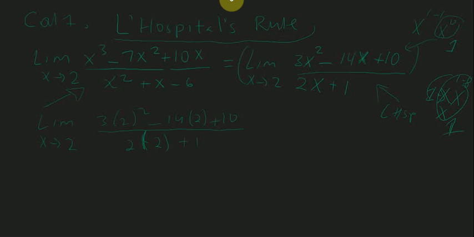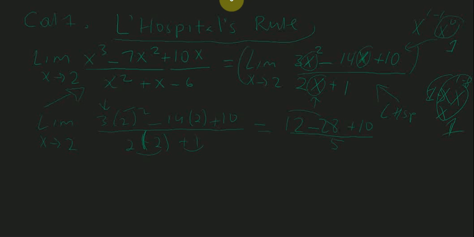Because x is approaching 2, we replace all the x with 2. So what are we gonna have here? This becomes 4 times 3, 12, minus 28 plus 10, all over 4 plus 1, which is 5, right?